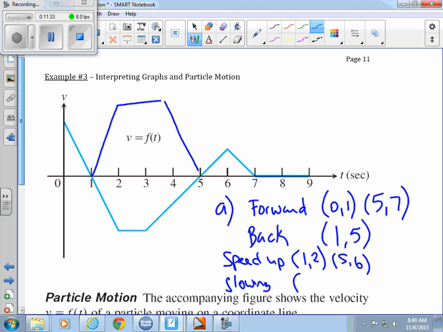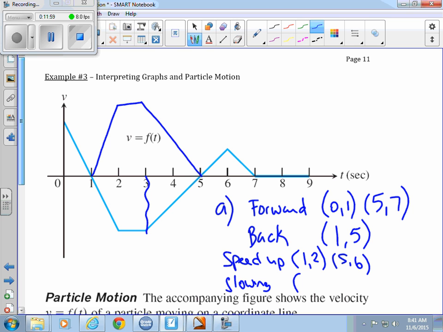For slowing down, it's from 0 to 1 and, let's see, where is that? 3 to 5. Why? Because this is going down. If it looks like it's from 4 to 5 on ours, we just do that. That's fine.